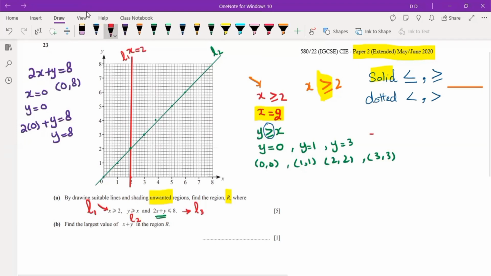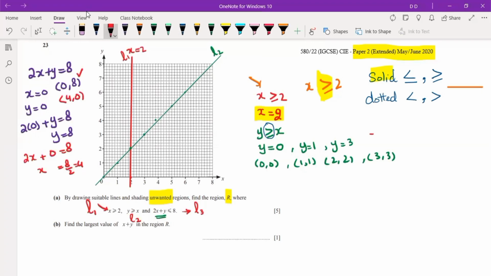What about the second one? For the second one, we go with 2x plus 0 equals 8, so x will be 4. The second pair of coordinates will be 4 and 0. You just need to plot these points.